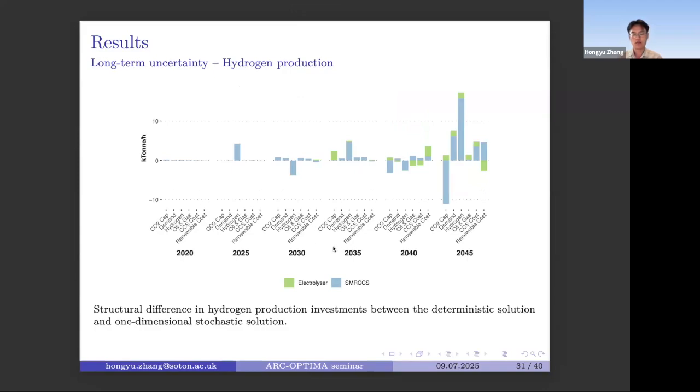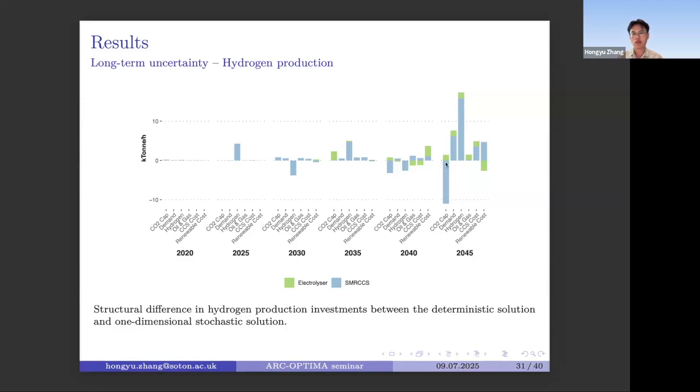And as you can see, I want to highlight one thing: when the CO2 cap is uncertain, we really have a lot less hydrogen production capacity from SMR-CCS, especially towards 2045, because you have very strict CO2 emission limits, and SMR-CCS is not completely emission free.